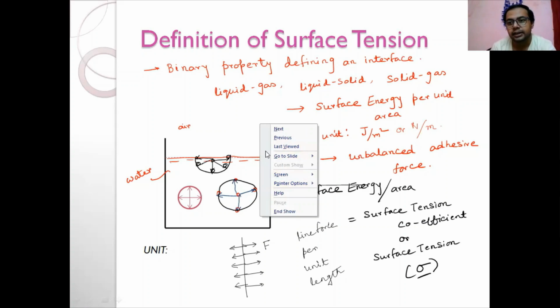Trees taking water from their own roots, known as the ascent of the sap to the xylem. There is the capillary action. This capillary action is another example of the surface tension. So there are several examples or applications of the surface tension.